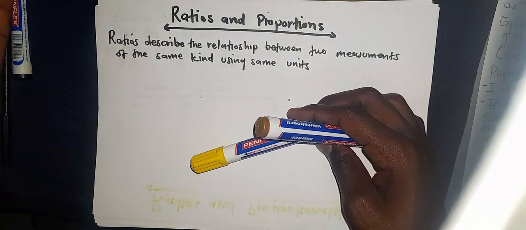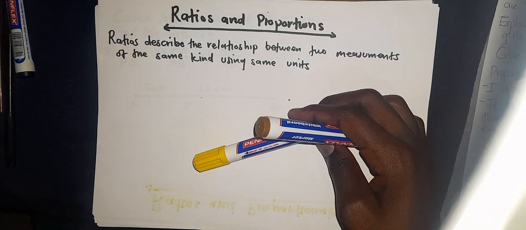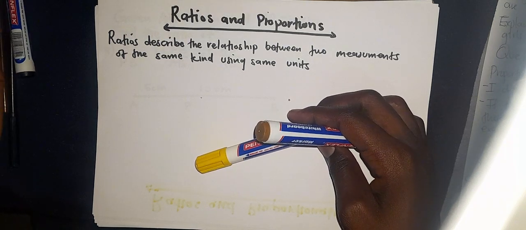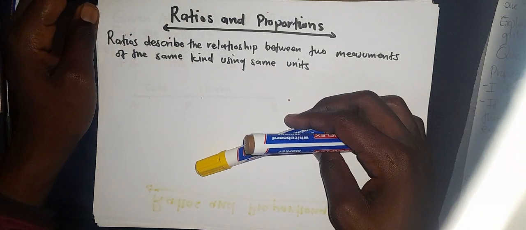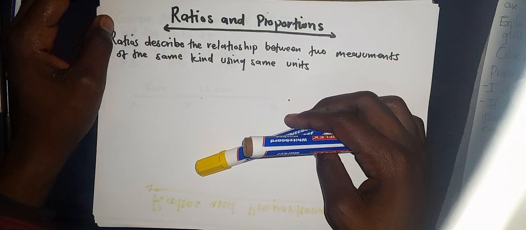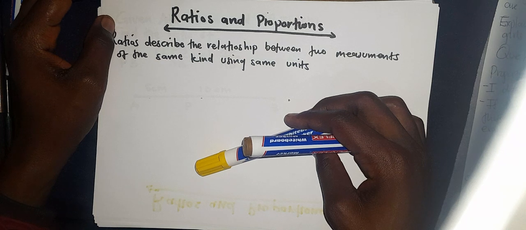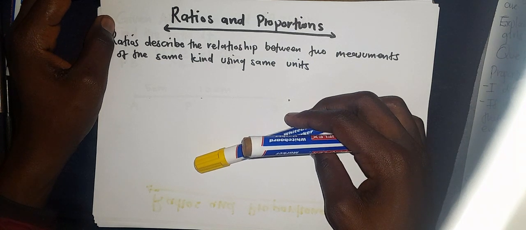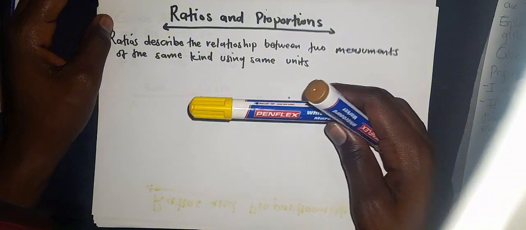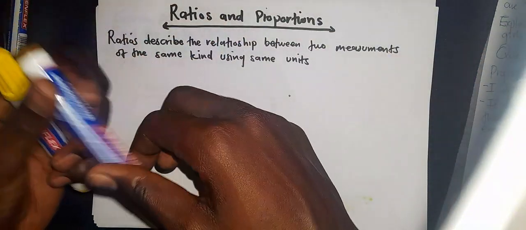Ratios allow us to compare the same type of quantity, and a ratio has no unit. The reason it doesn't have a unit is that if it compares things that have the same unit, those units cancel each other out.